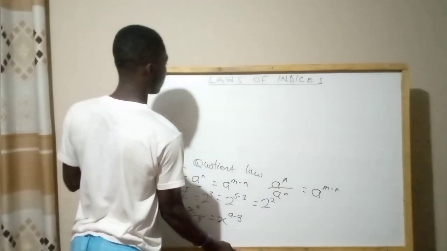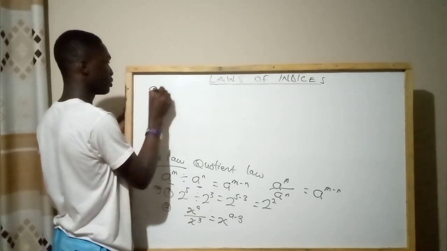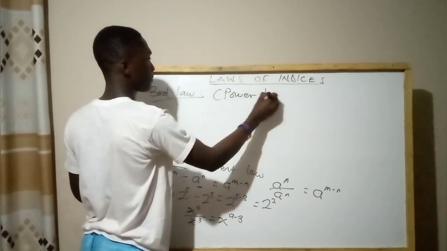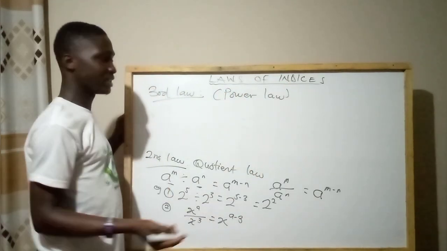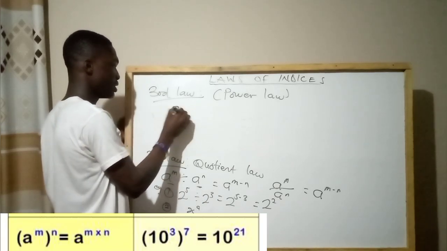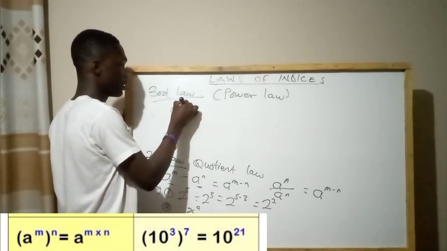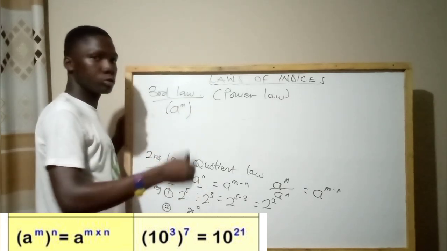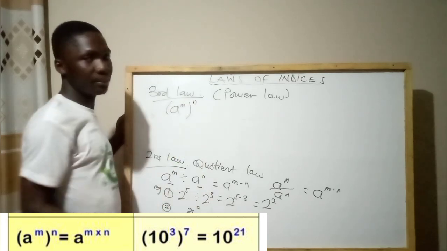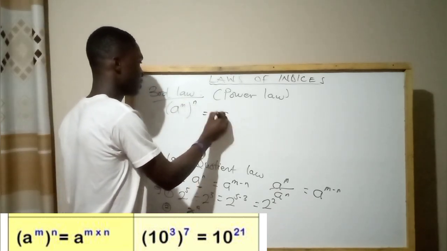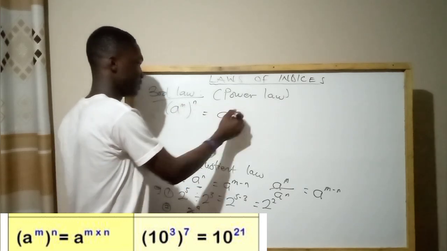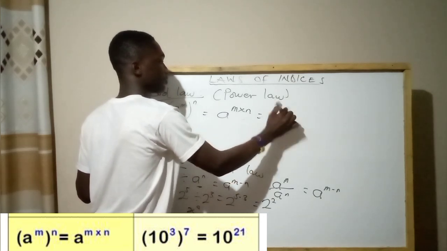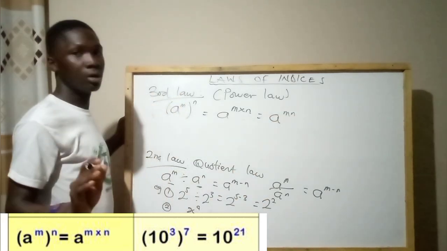What this states is that any given base raised to a given power, and that whole thing is also raised to another given power, we take the base and then multiply their exponents. So m times n, giving a power mn. Here is the third law of indices.